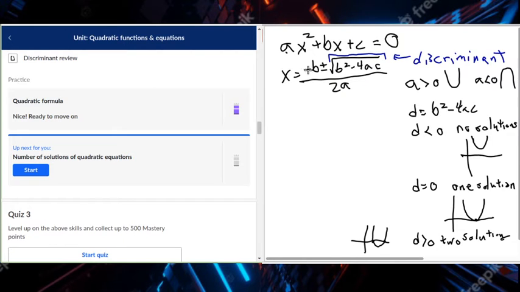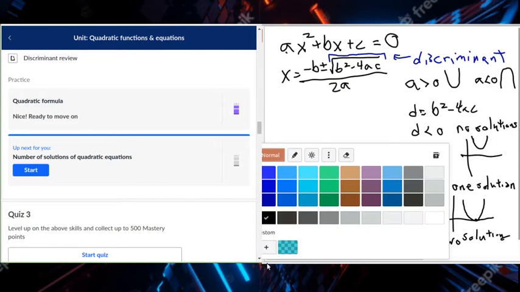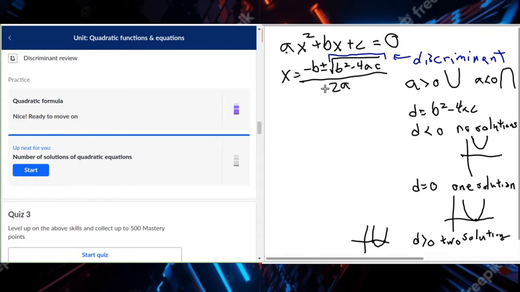And then there's one more thing. This part right here becomes our vertex, the x value of our vertex. And so if we want to know where the vertex is, we can just find that really easily.